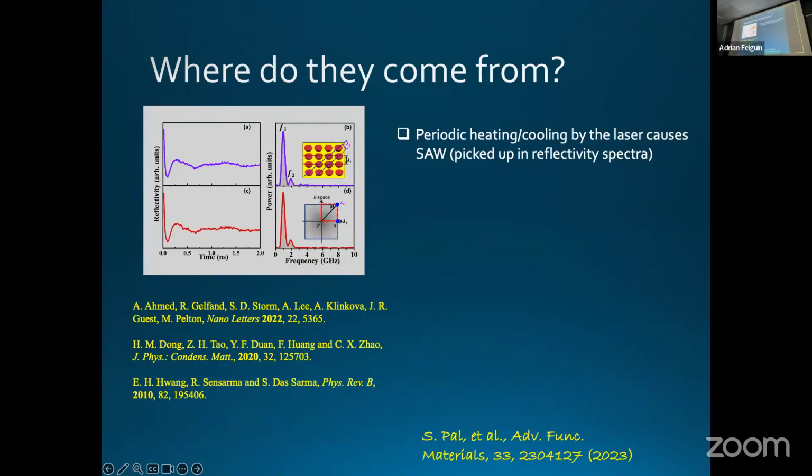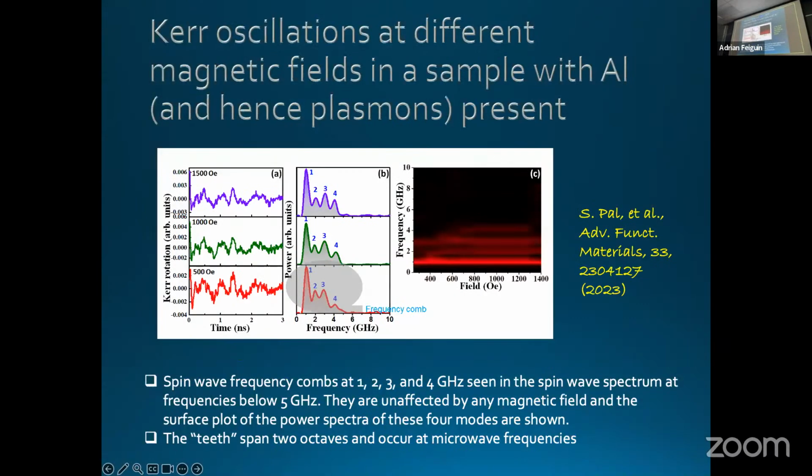So first of all, we looked at the reflectivity spectrum to see the periodic heating and cooling by the laser and saw that. So you can see that it does have that feature, and there are 2 frequencies here, F1 and F2, F1 much larger than F2, and this F1 is exactly at 1 gigahertz. So now go back and look at the spacing, 1 gigahertz.